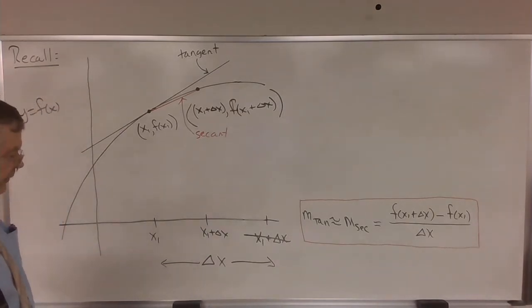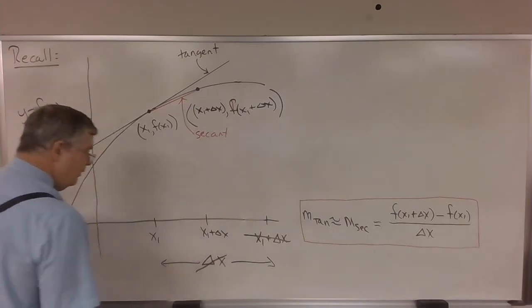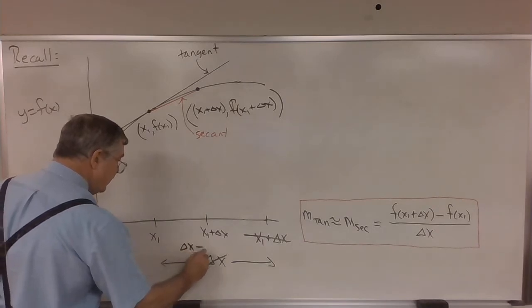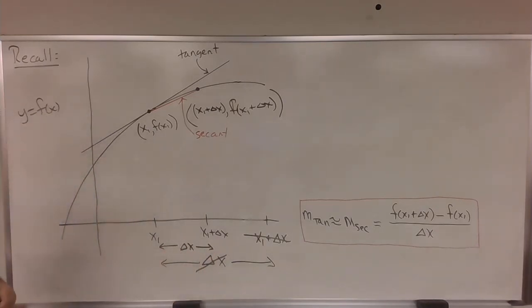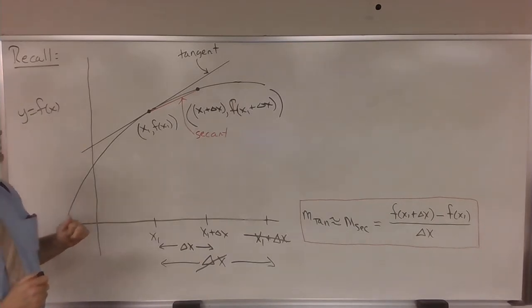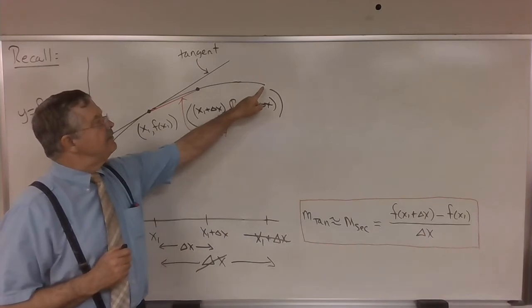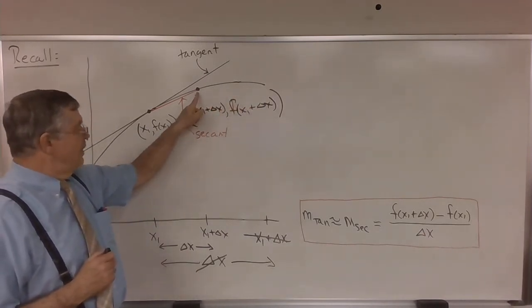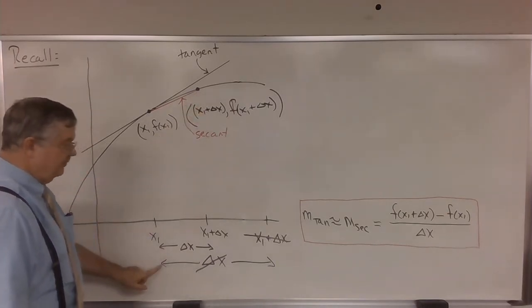And you know something else that's no longer valid? The old value of delta x. This is the new value of delta x right here. So notice what goes hand in hand to taking the end point of the secant and moving it closer to the point of tangency. What goes hand in hand with this is making delta x smaller.